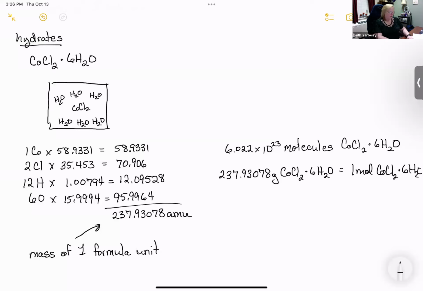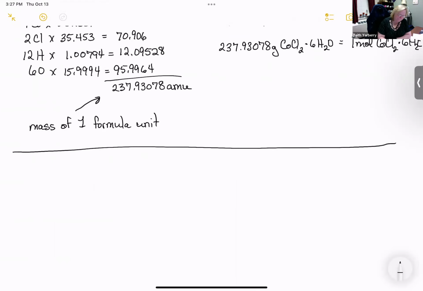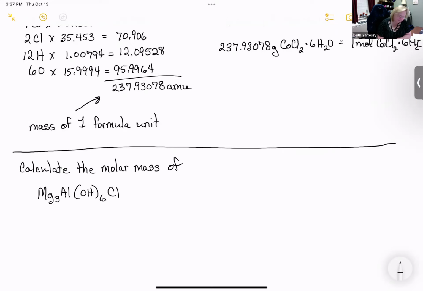Let me give you a couple to do real quick. I'm just going to have you calculate the molar mass of Mg3AlOH6Cl and nickel 2 phosphate.